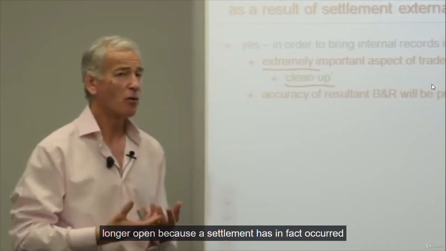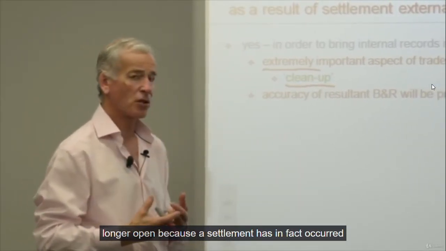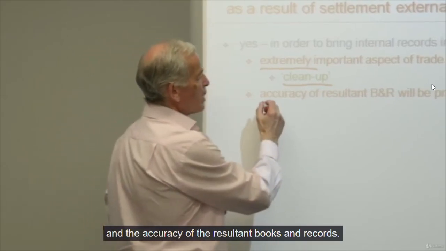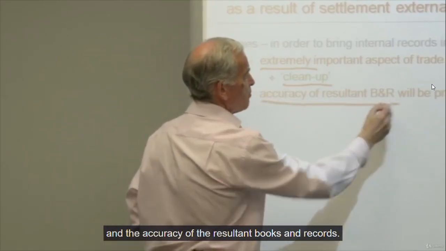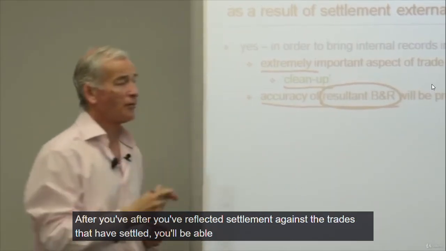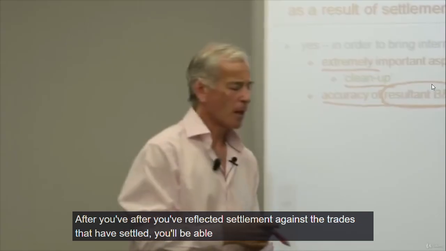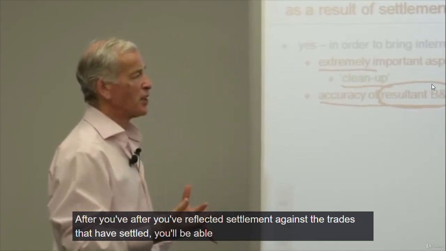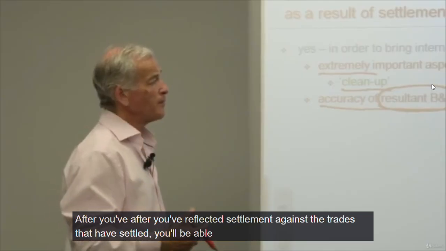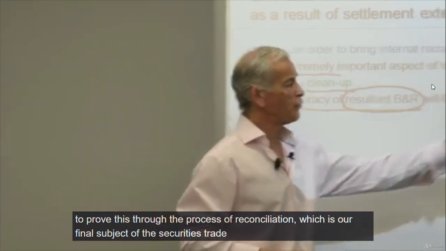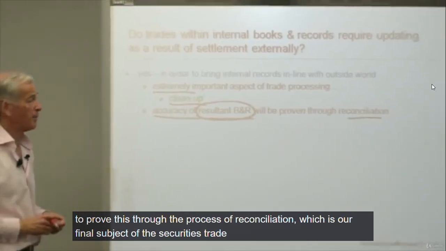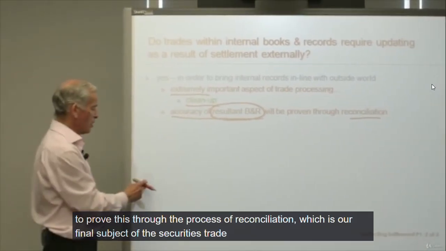They are no longer open because settlement has in fact occurred. And the accuracy of the resultant books and records, I would emphasise resultant books and records after you've reflected settlement against the trades that have settled, you'll be able to prove through the process of reconciliation, which is our final subject of the securities trade life cycle.